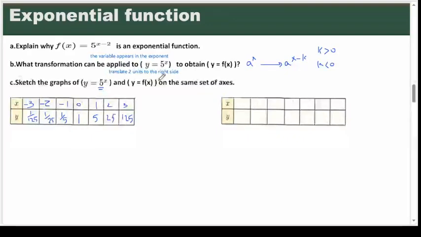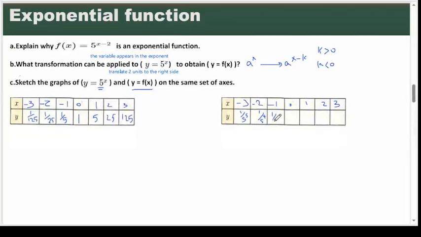Now for y equals f of x, if I put -3, -2, -1, 0, 1, 2, 3. If I put -3, it would be 5 to the power of -5, which is 1 over 5 to the power of 5, and for -2, 1 over 5 to the power of 4.